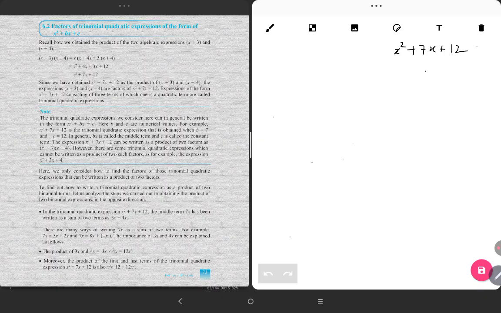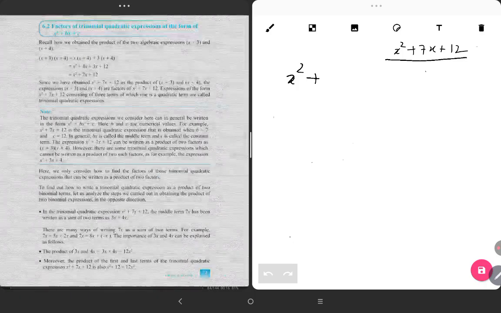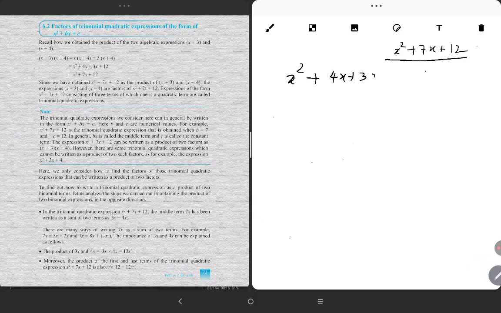So for example, if you take this particular one, we can write the middle 7x as 4x plus 3x, because this is 7x plus 12.